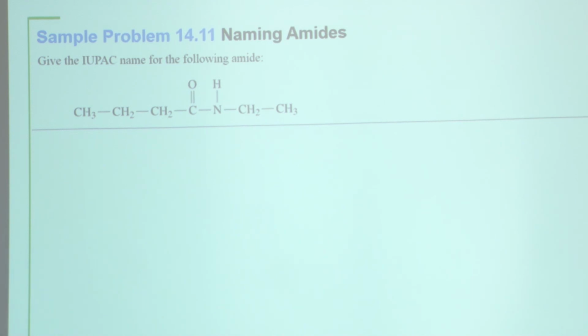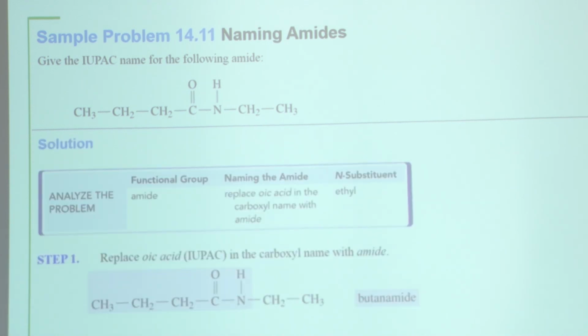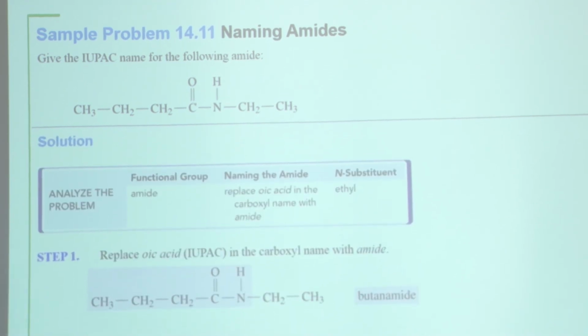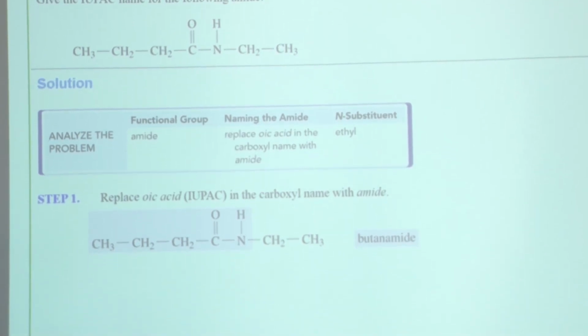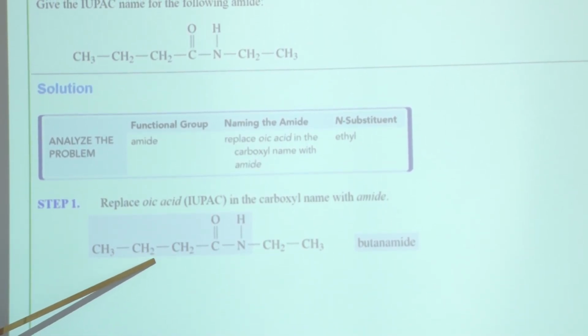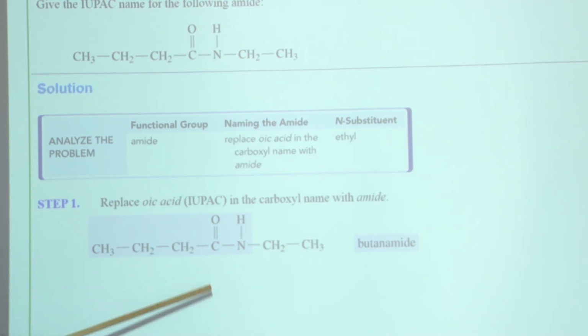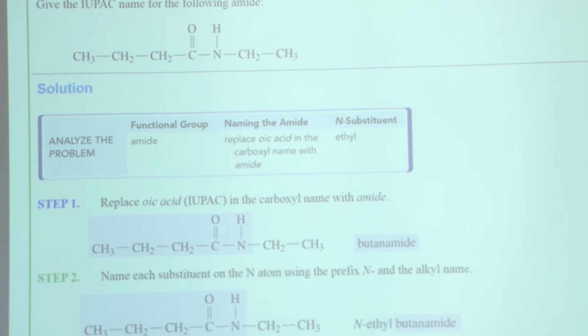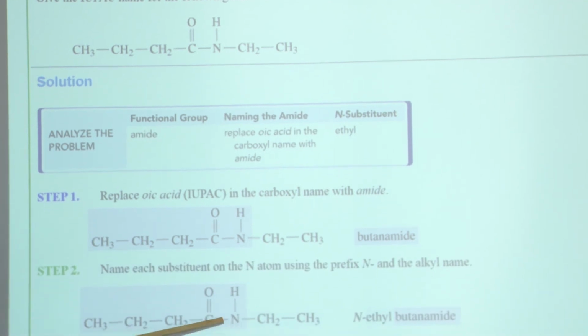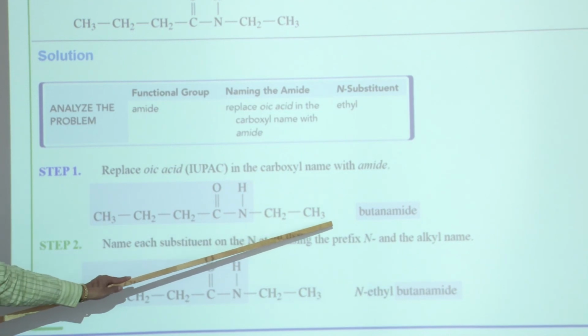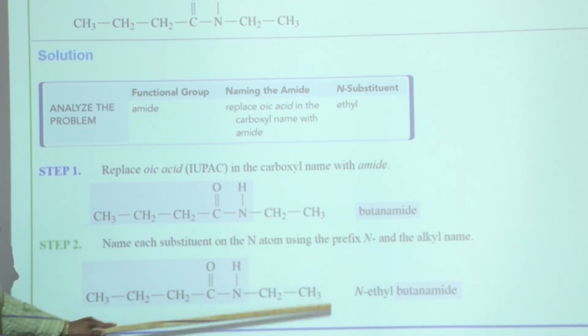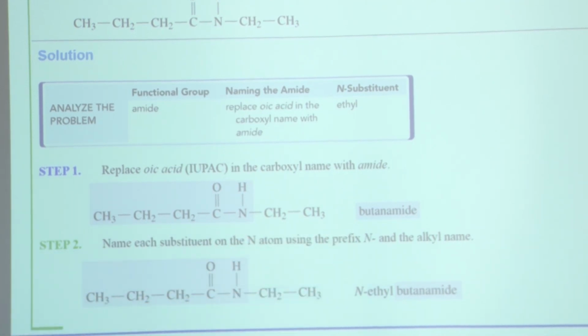N-ethylbutanamide. Replace the oic acid in the acid with the amide ending, butanamide. Look at the ethyl group connected to the nitrogen, use the prefix N because the ethyl is connected to the nitrogen: N-ethylbutanamide.